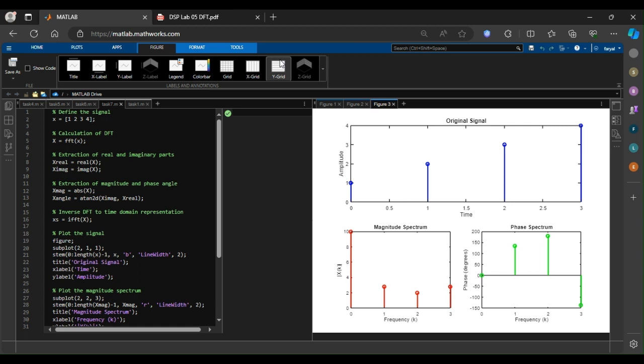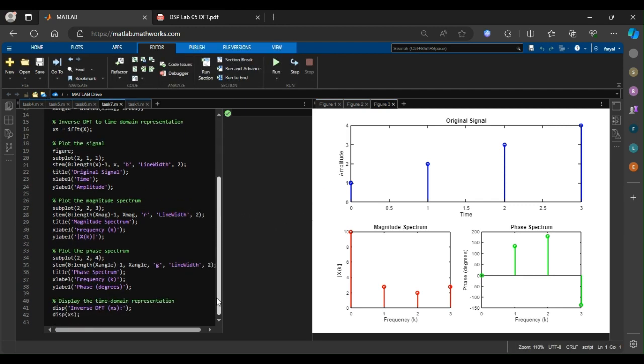It extracts the real and imaginary parts of the frequency spectrum using the real and imag functions, and then it computes the inverse DFT using the IFFT function to obtain the time domain representation of the signal. It plots the original signal in the time domain and its magnitude and phase spectrum in the frequency domain using the stem function, and finally displays the time domain representation of the signal in the command window.